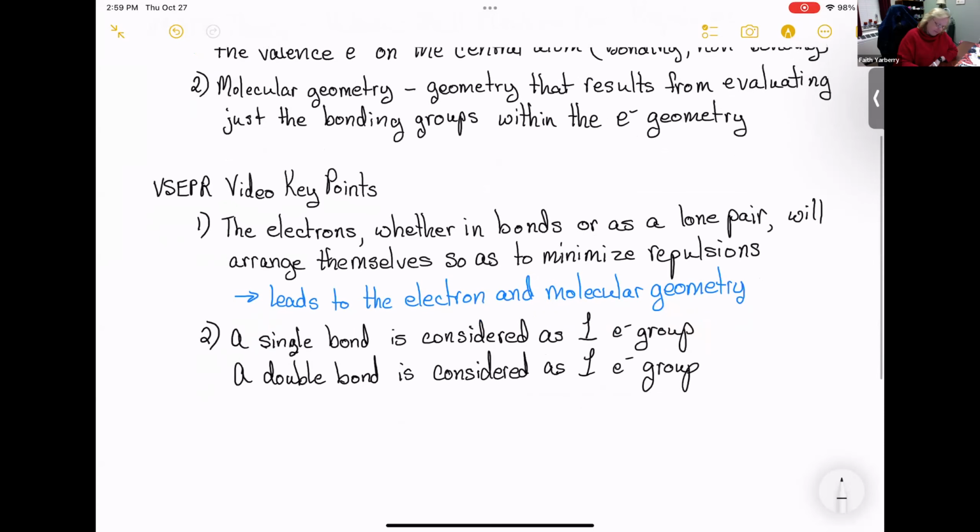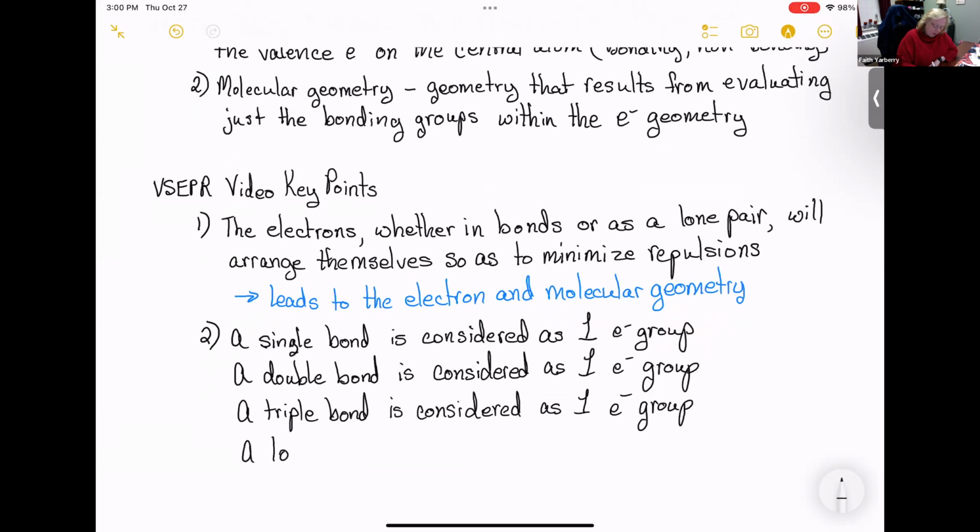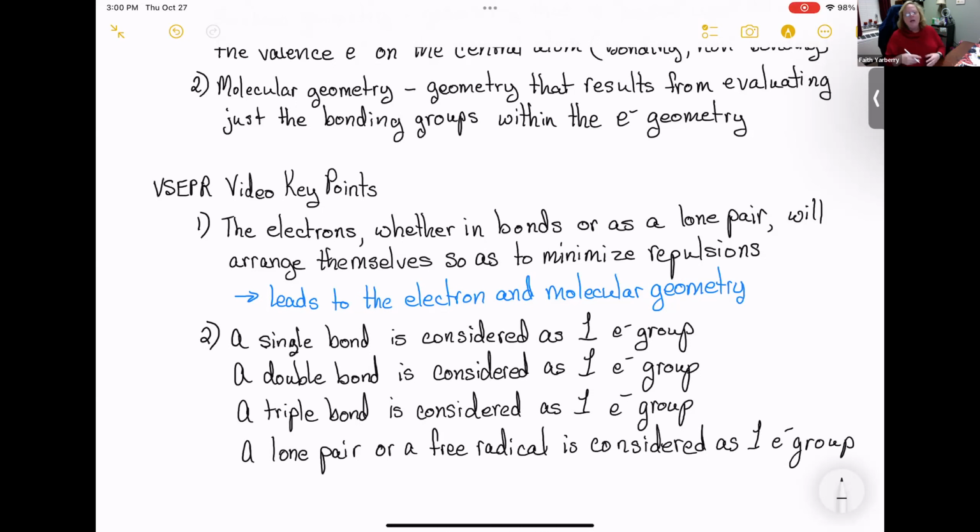And a triple bond. And finally, so is a lone pair, or in the case of a free radical. This particular piece is going to be important later on.